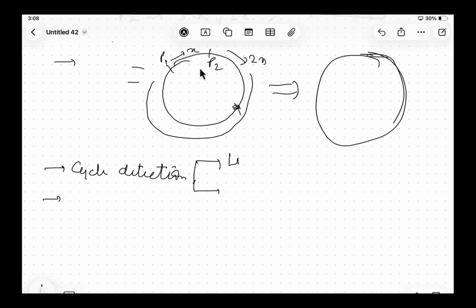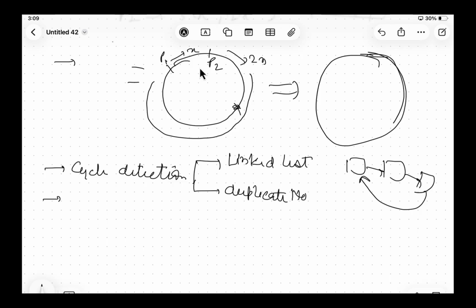Like in the case of a linked list, this is required. In a linked list we have multiple data items, and maybe the last one is pointing back to the first one. So this kind of cycle detection, or finding a duplicate number in an array.